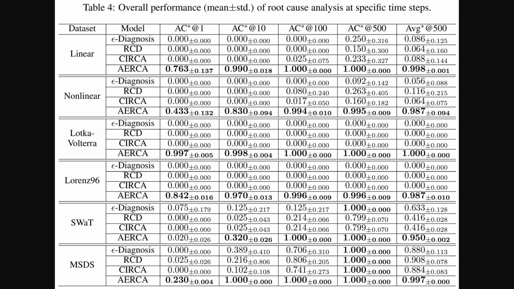Alright, so building on that ability to handle persistent anomalies and even pinpoint their timing, as we saw in the previous figure, Table 4 now provides a more comprehensive look at the overall performance of root cause analysis, specifically at those exact time steps. We see metrics like AC star at K, that's accuracy star at K, where the star really emphasizes that we're judging if the model found the precise moment the intervention happened within its top K guesses.